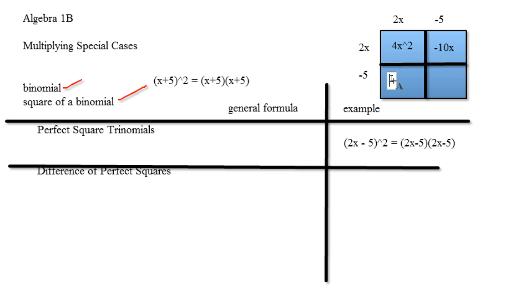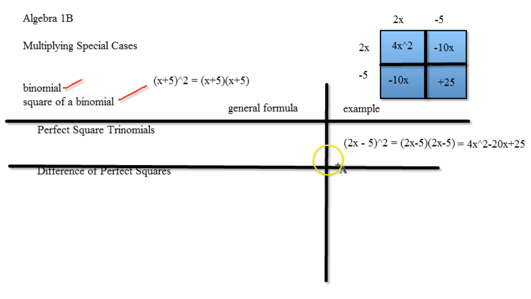Negative 5 times 2x is negative 10x as well. If you notice, that's a repeat, and then this turns into positive 25.